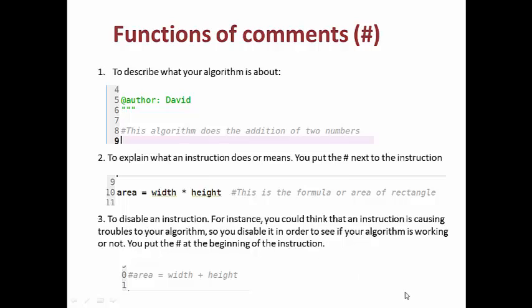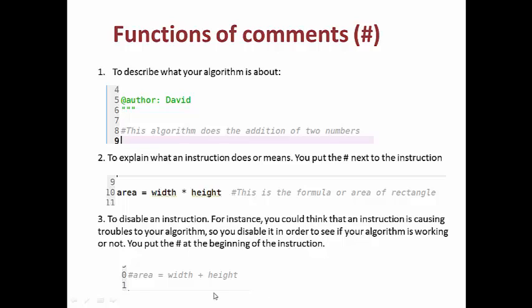And finally, you use a comment to disable an instruction. For instance, you have an algorithm with like 100 lines of code, and you think that one of the lines is causing problems in your algorithm. So you say, okay, maybe it's this line, so I'm going to disable the line in order to see if my algorithm works or not.